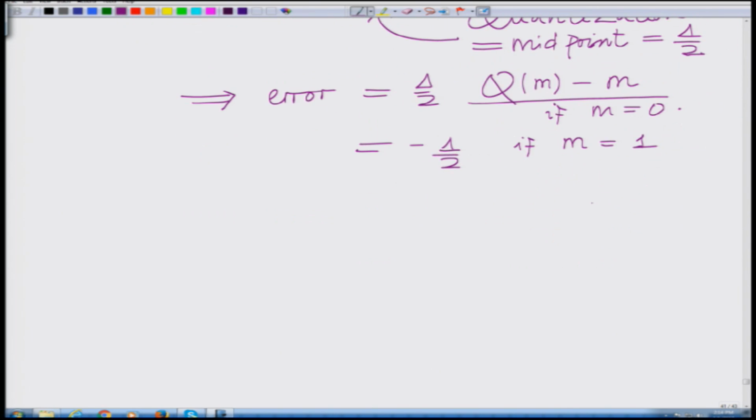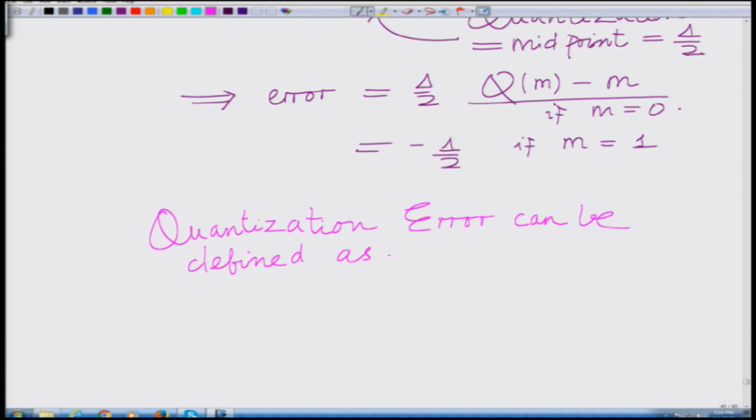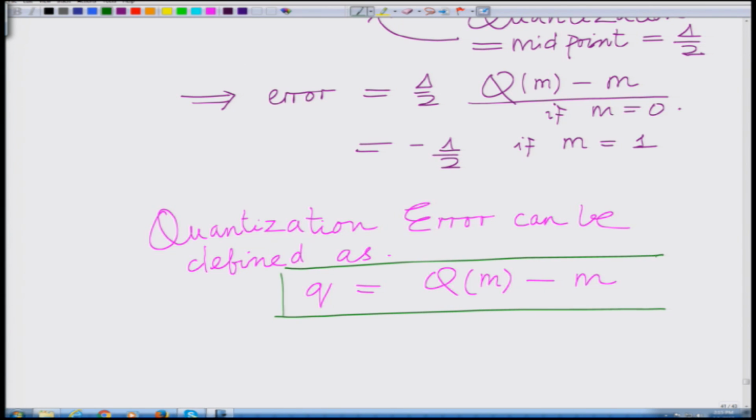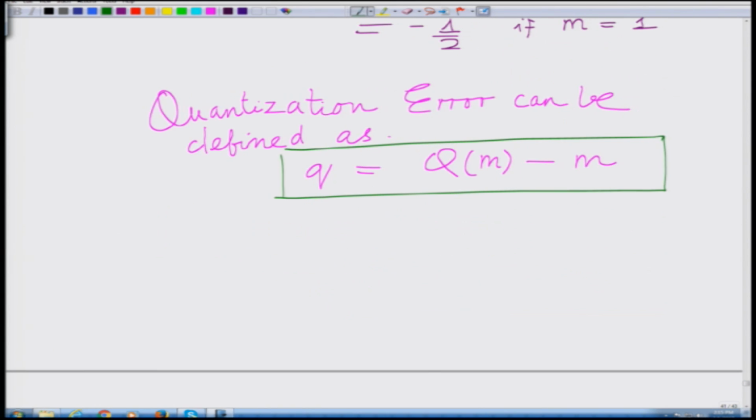So, the quantization error can be defined as q equals q of m minus m, where q of m is the quantized sample value and m is the true sample value.